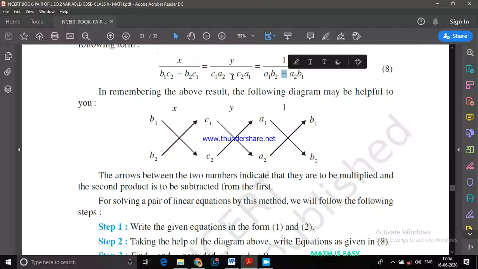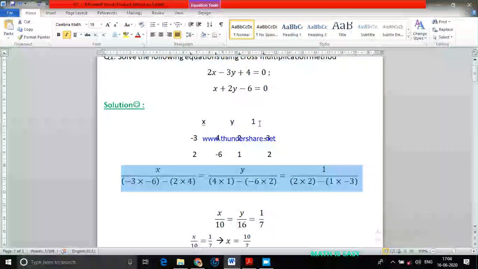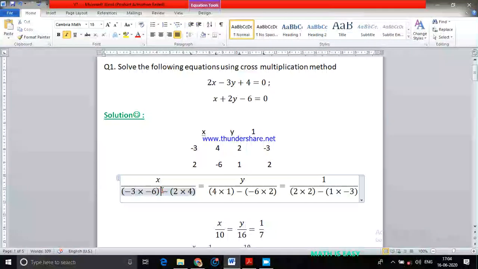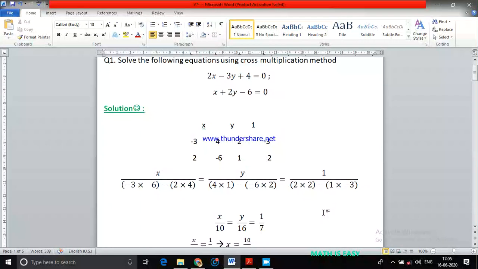That's what I said. Everywhere this minus sign will come from the formula only. So this is the reason why we are using the minus sign in the cross multiplication method, which we solved here. You can see this minus sign from the formula, this minus sign from the formula, this minus sign from the formula. Okay. Hope you understood.